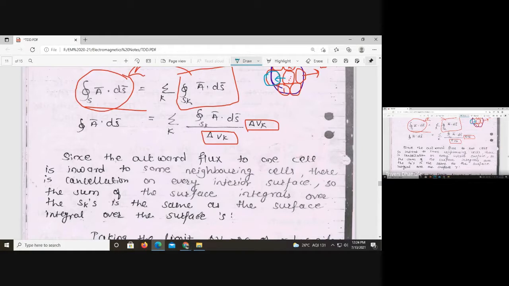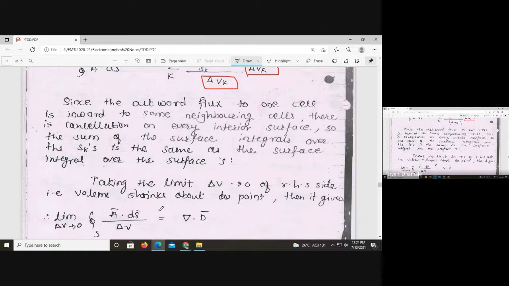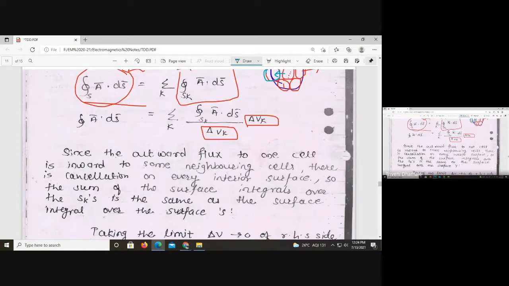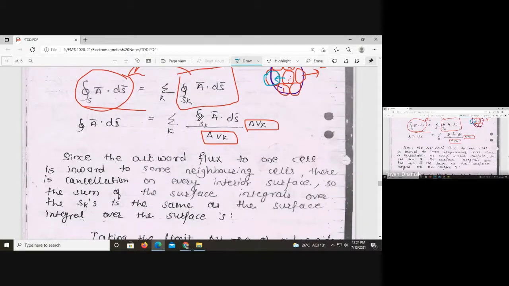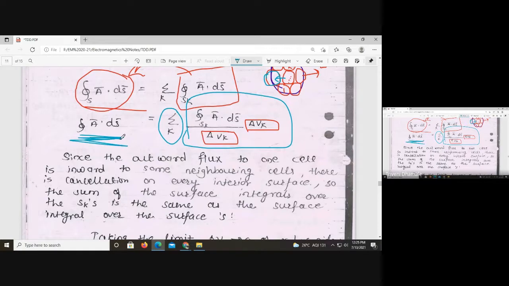That means what this statement tries to say or convince is that this is the flux for the k surface, and the complete flux is nothing but the summation over the k surfaces of this total outward flux.